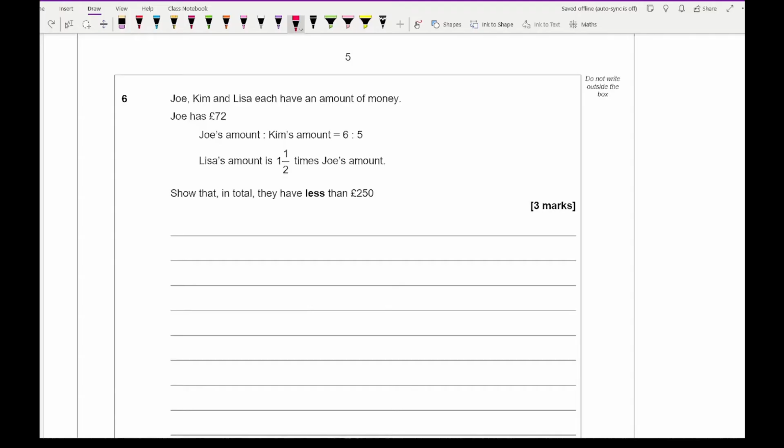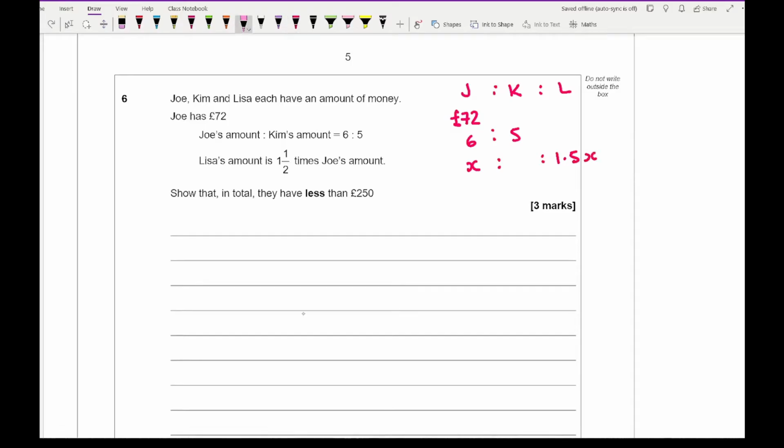So to start off, let's write the three people, Joe, Kim and Lisa, and we know that Joe has got £72. We know that the ratio of Joe to Kim is 6 to 5, and we know that Lisa has 1.5 times more than Joe. So if Joe has x amount, then Lisa is going to be 1.5x.